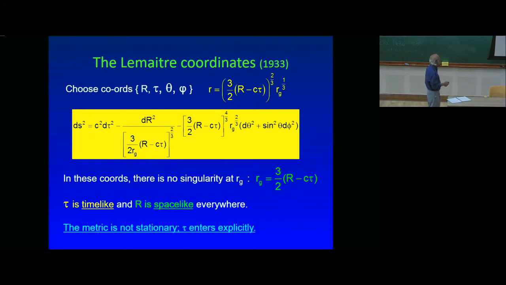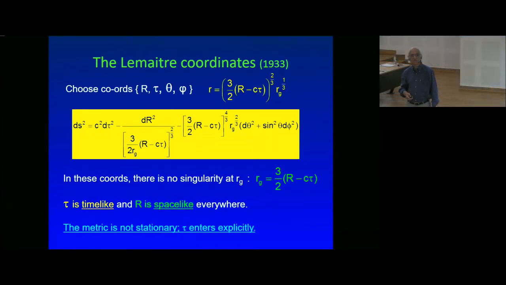The only singularity of this metric occurs when R is equal to c tau, which corresponds to r equal to 0, which is a true space-time singularity. Please notice that this metric is stationary, but tau enters explicitly in the metric, whereas time did not enter explicitly in the Schwarzschild metric.